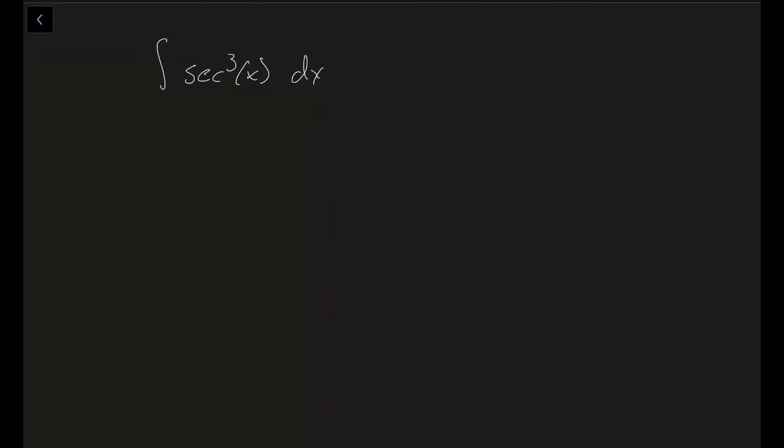Now, for our final example, let's deal with a tricky one. So we have the integral of secant cubed of x. So this is going to be a trig integral by parts. So let's first break this up: we'll have secant of x, secant squared of x. Now for our u substitution, we know the derivative of this guy, so we're going to let this be our u.